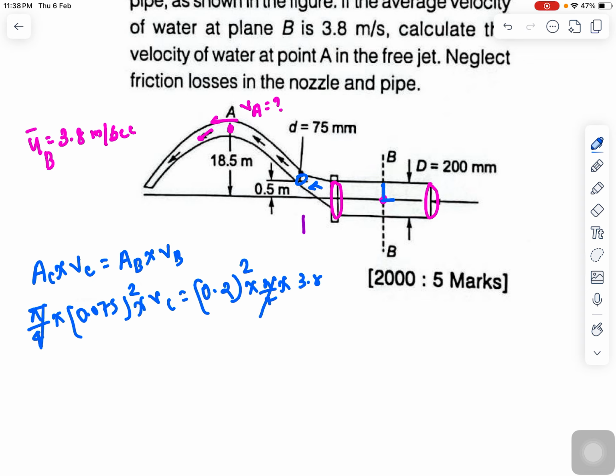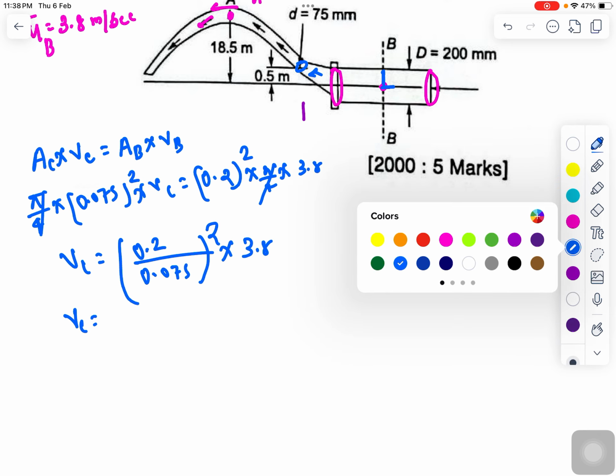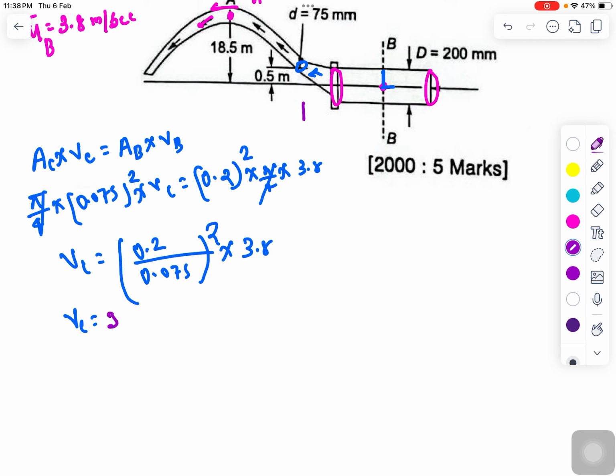So pi by 4 will get cancelled out. So velocity at point C can be written as 0.2 divided by 0.075 whole square multiplied with 3.8. Is that clear? Okay, so once we do the calculation, we will be getting the velocity at point C, and that value is 27 meters per second, right?